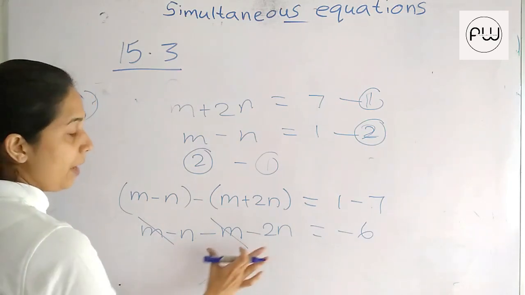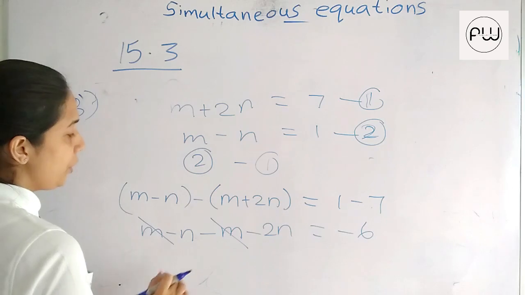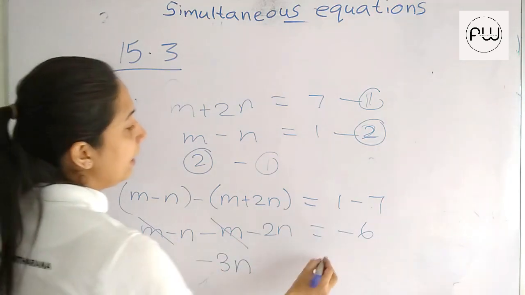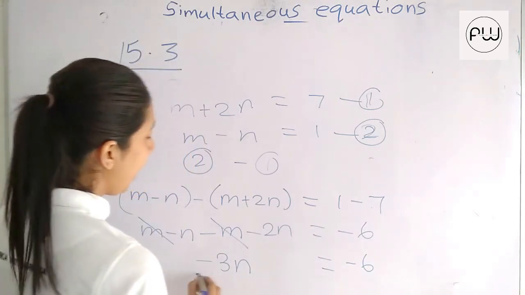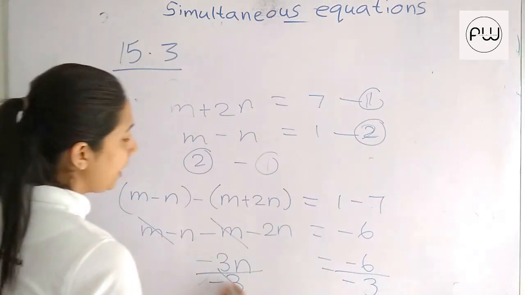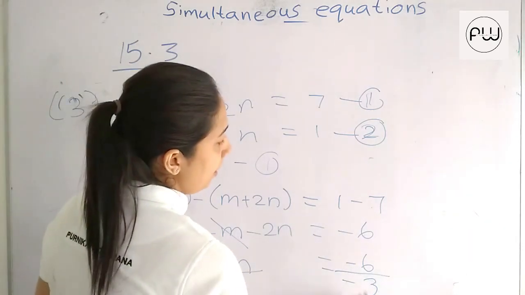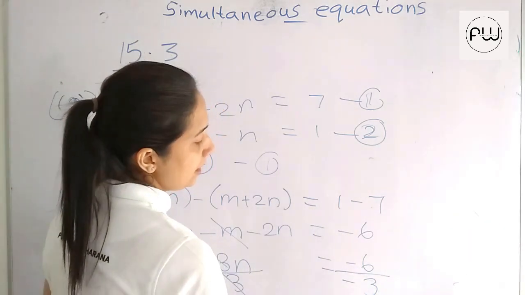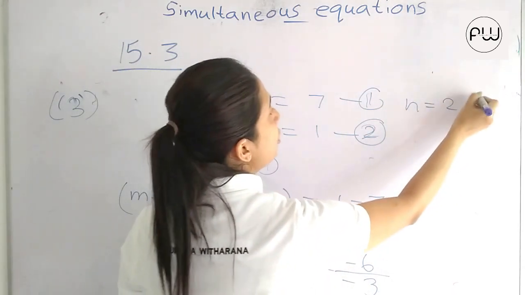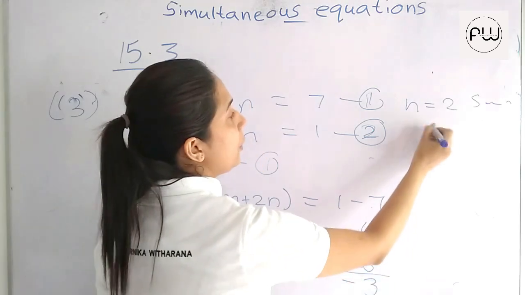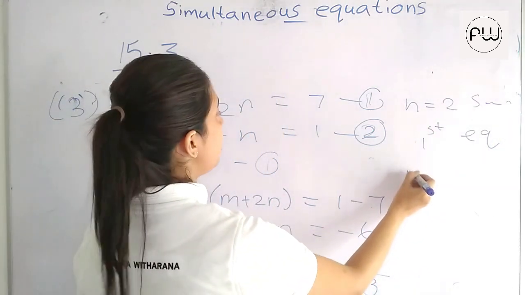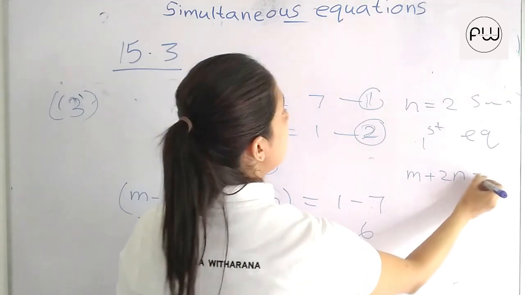Here minus n and minus 2n, then we have to add these coefficients, 1 and 2. Then it's minus 3n equal minus 6. Then we can divide both sides by minus 3 and we can find the value of n. Minus 6 divided by minus 3, then it becomes plus 2. Then we can substitute n equal 2 into one of the equations. The first equation, m plus 2n equals 7.